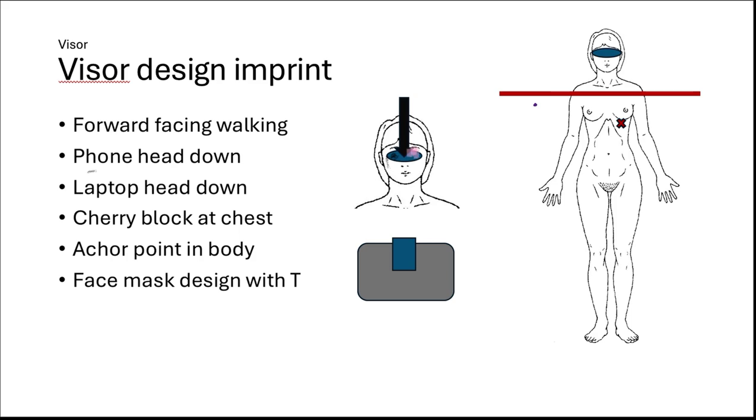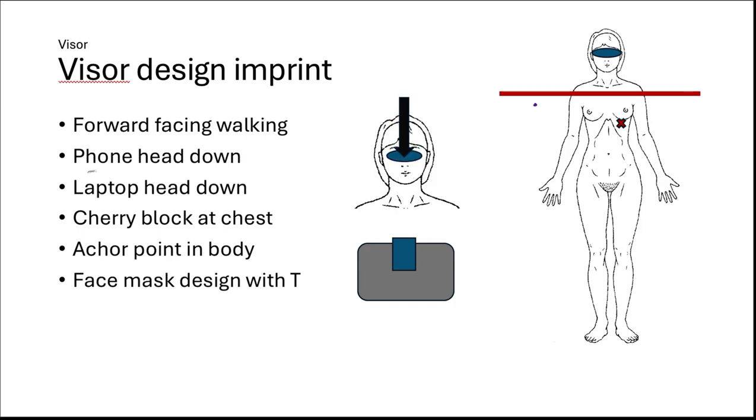It's got a forward facing with the visor when walking. So when a person's walking, the visor is activated, which is here, and as indicated by the arrow, it's coming down over the head and it's forward facing.